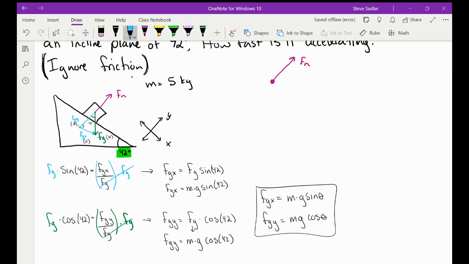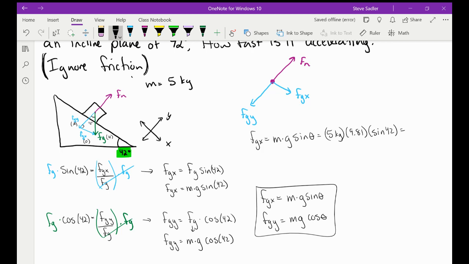So now I can redraw these forces as Fn, FGY and FGX. And I can actually solve for those FGY and FGX. So FGX is going to be mass times gravity sine theta, which will be, mass is 5 kilograms, gravity is 9.81, and we're going to multiply that by sine of the angle of the incline, which is 42.